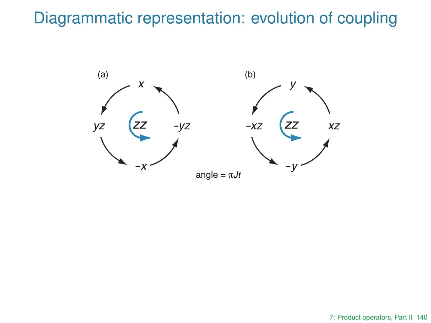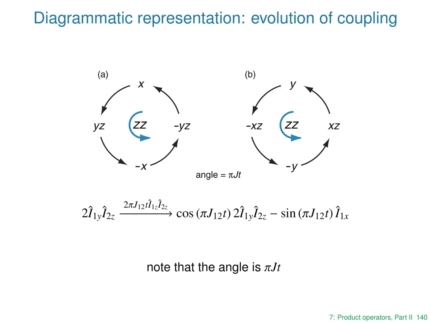So if you look at the one on the top left, and the term YZ, the diagram says that YZ goes to minus X. And that means if you start with the operator 2I1y I2z, it goes to the new operator I1x, with a minus sign in front of it. So you can use these diagrams to determine the effect of the evolution of coupling. You can just start anywhere in these diagrams and it'll tell you how the coupling evolves.